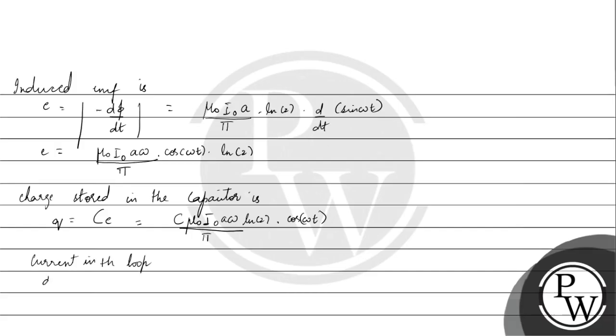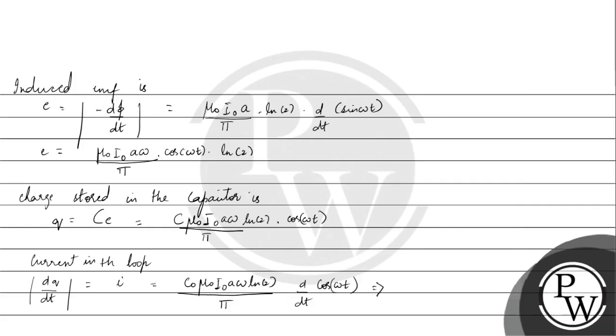So the magnitude of dq by dt is equal to I, which is given by C mu naught I0 a omega ln 2 divided by pi into d by dt of cos omega t.